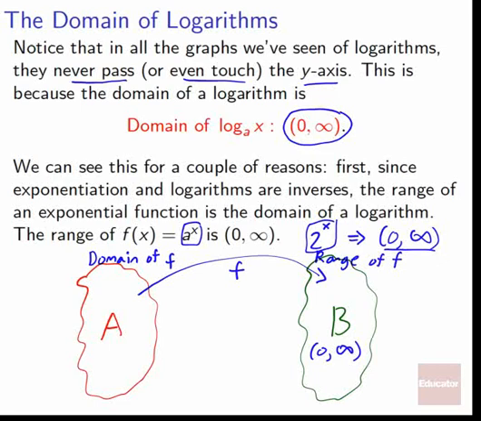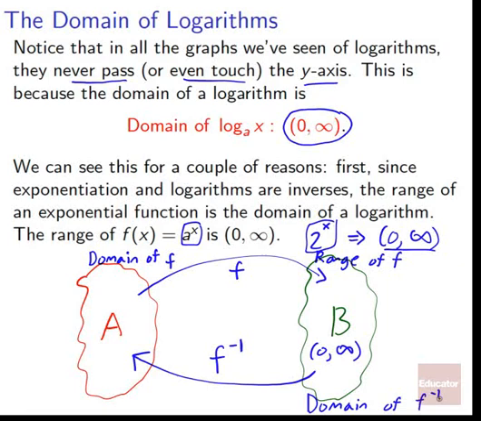Now, if we want to see the reverse of this, a function that does the opposite of what f does, f inverse, then it's going to have to go not from A, it's going to have to go from B. So the domain of f inverse is going to be going in the other direction, right?